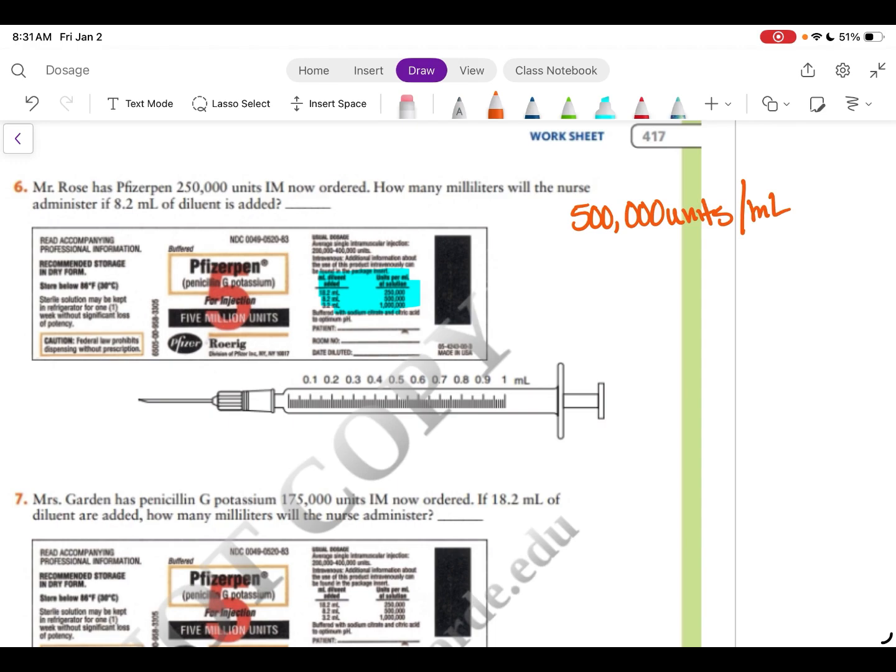So that's step 1 to figuring this out. It tells you how much diluent is added, but you have to figure out what the concentration is equal to using that part of the label. Then for step 2, I can figure out how many milliliters I'm going to give for my dose.